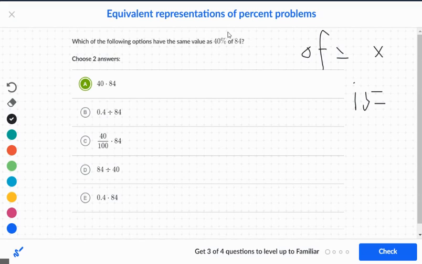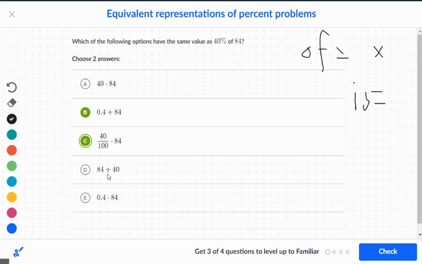So what is 40%? I keep saying 14, I meant 40. What is 40%? So 0.4 is the same as 40%. 40 is not the same as 40%. 40% turns into a decimal or a fraction, and when you turn it into a decimal, it does not come out as 40. The fraction version is 40 over 100, so that works.